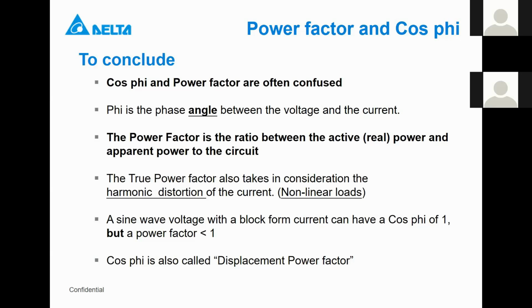The true power factor also takes into consideration the harmonic distortion of the current with non-linear loads. A sine wave voltage with a block form current can still have a cosinus phi of 1, but the power factor is lower than 1. Cosinus phi is also called displacement power factor.